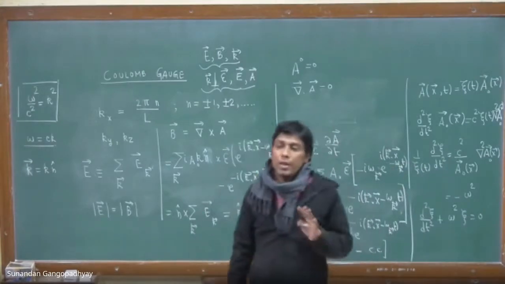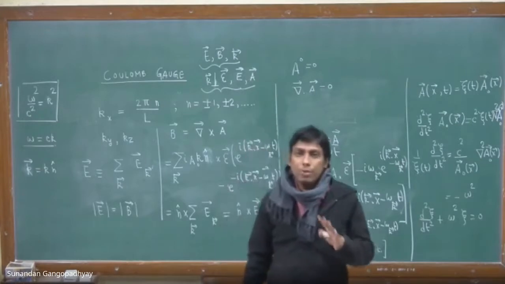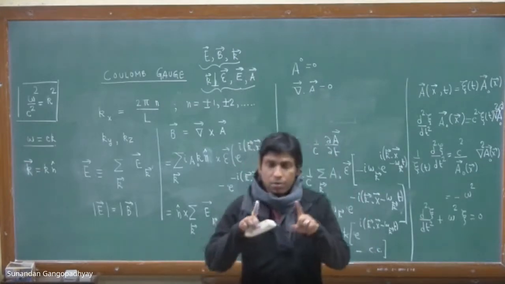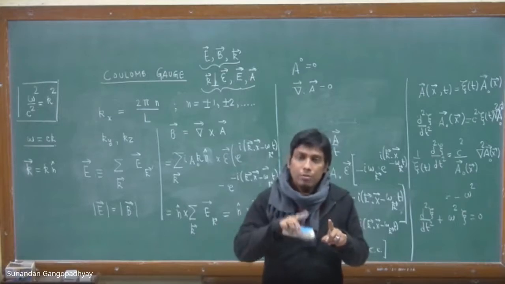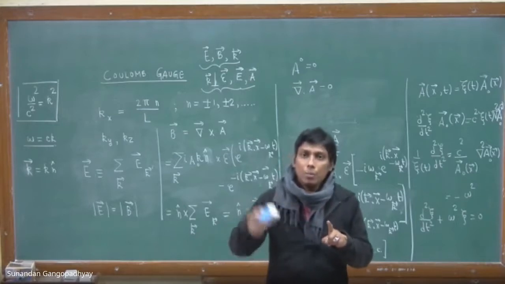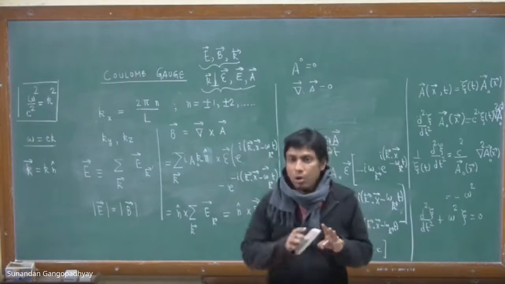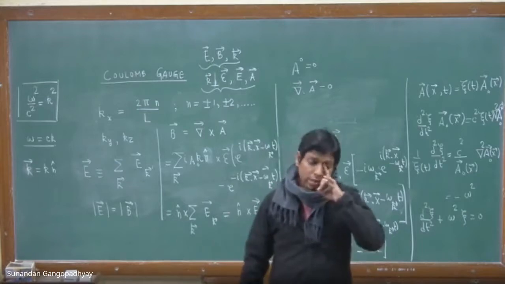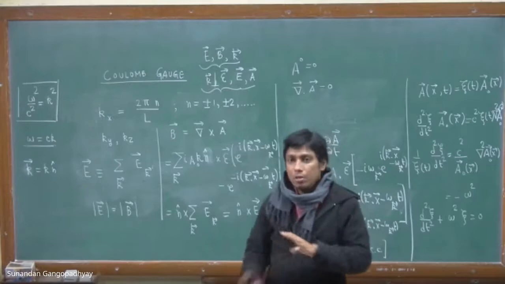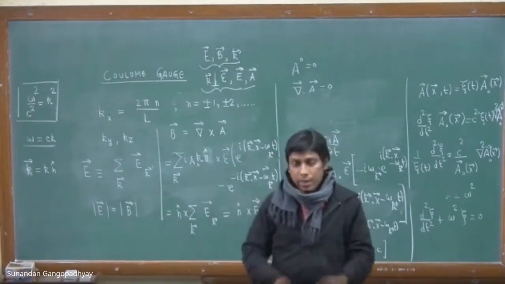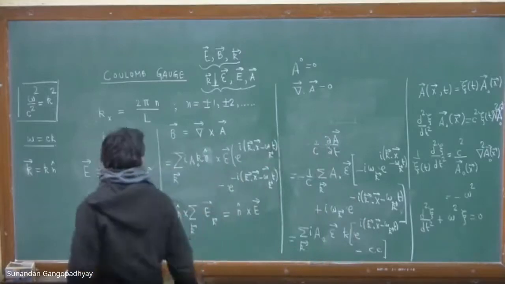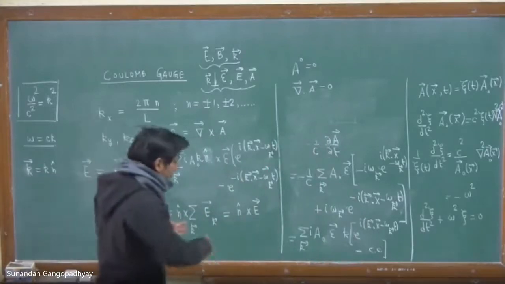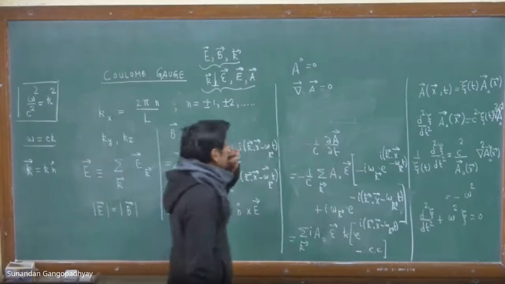Our aim is to write down a Fourier or normal mode expansion for the quantum case when your vector field A vector is an operator. So we want to write down a Fourier expansion for that. But now we are not looking at the quantum case, we are at the classical level, and we want to write down a Fourier mode expansion, or plane wave expansion, for the vector field.